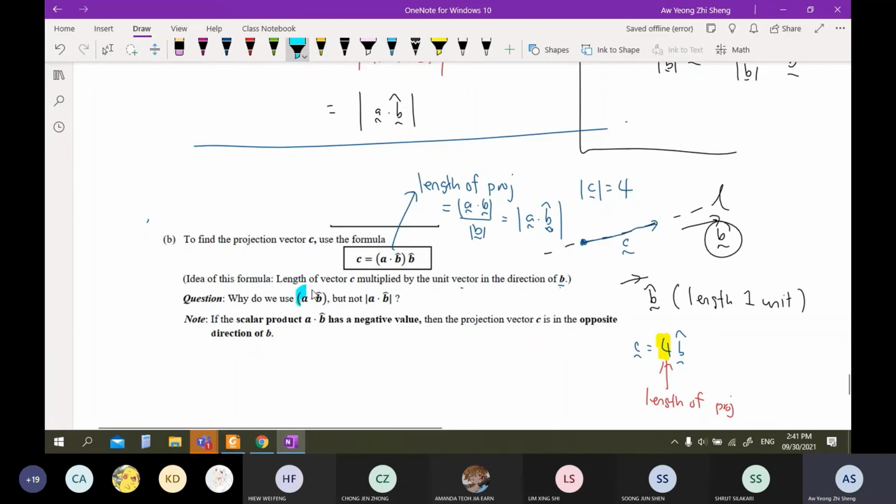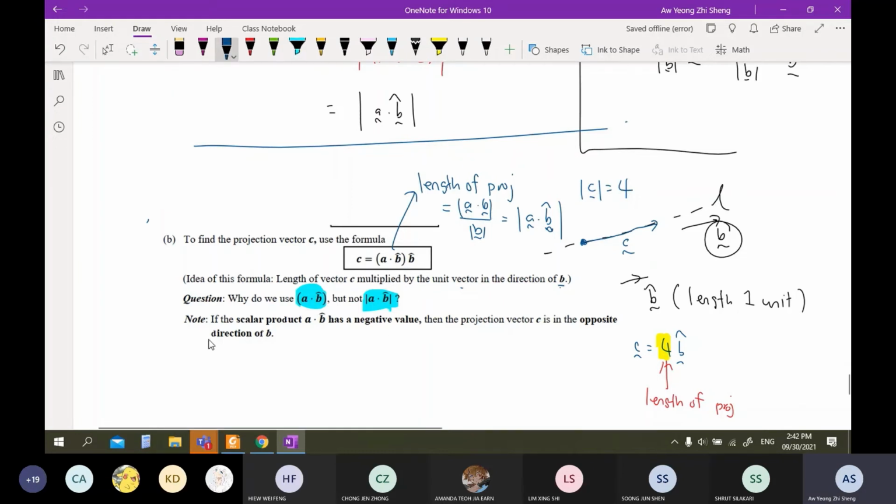Why do we use bracket A dot B hat but not modulus A dot B hat? Why are we removing the modulus here? Well, again, there's a long story. I'm not going through the long story here. It's actually to take care of the possibility of theta being obtuse.